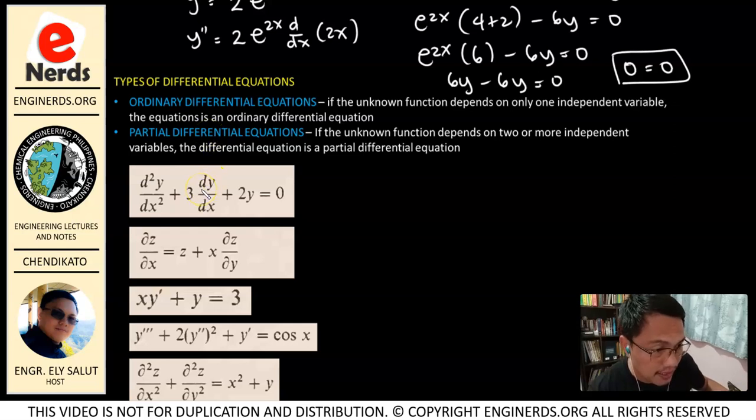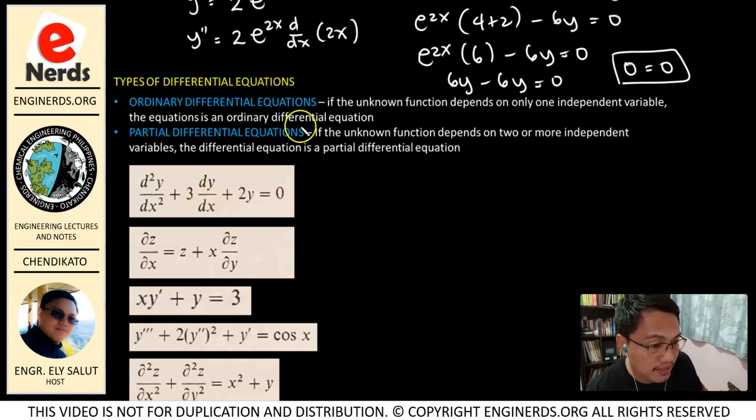This is an ordinary differential equation dahil isa lang yung ating independent variable. So, as you can see, y is a function of only one variable here, which is x. Okay? So, our y is a function of x. So, we have only one independent variable. So, that means our equation here is dependent only on one variable, which is x.